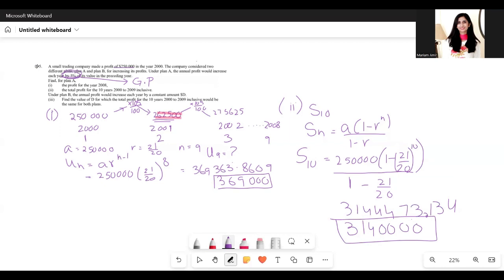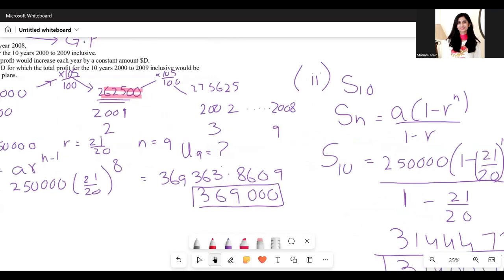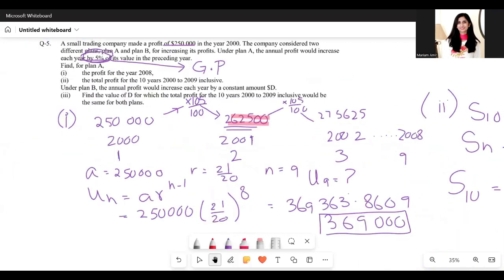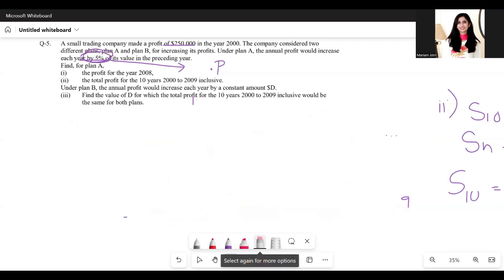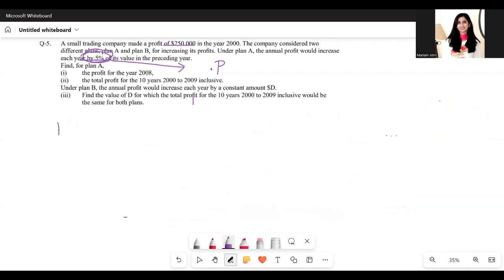Part 3 is, under Plan B, the annual profit would increase each year by a constant amount D. So if the annual profit increases by a constant amount, that makes this sequence a geometric sequence. Sorry, an arithmetic sequence. So part 3 is an AP question now.